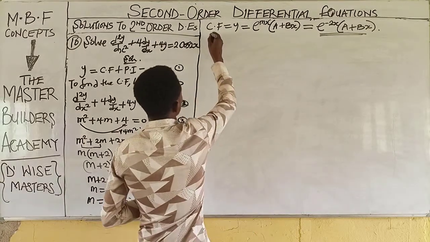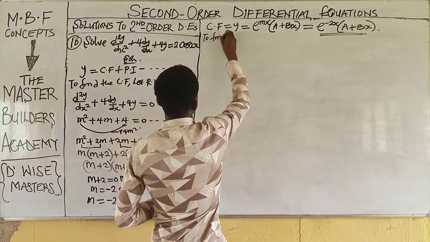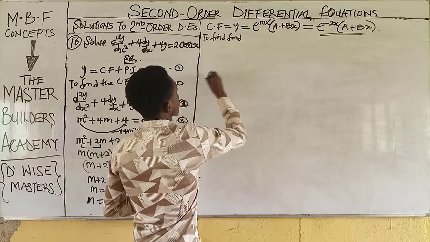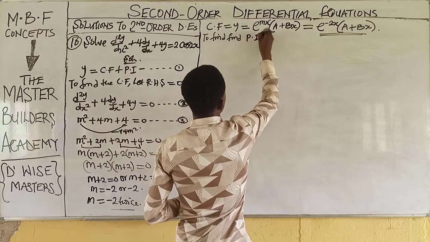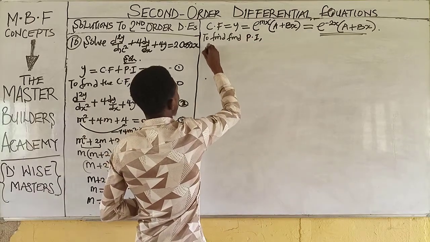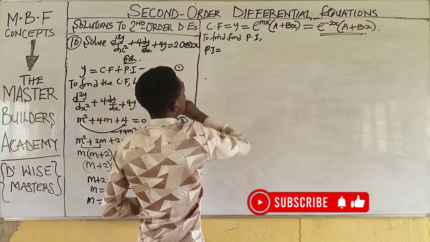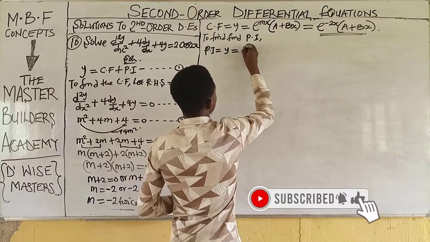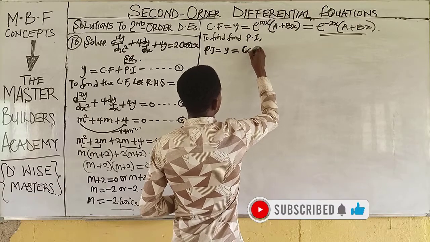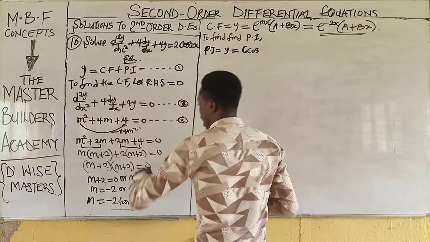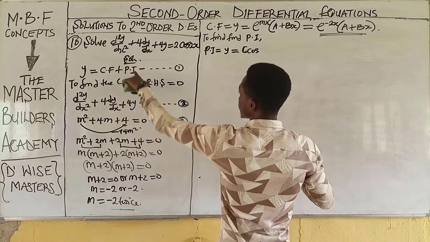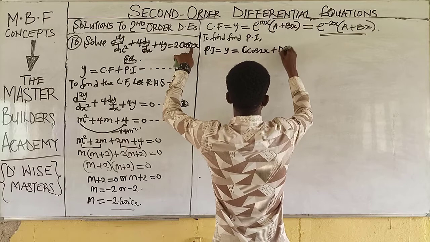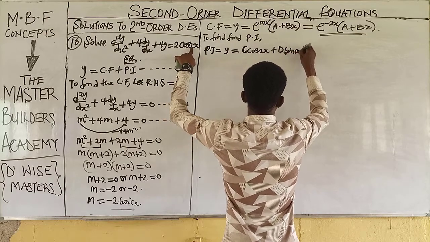Now we know that to find the P.I, y is equal to c cos 2x plus d sine 2x.